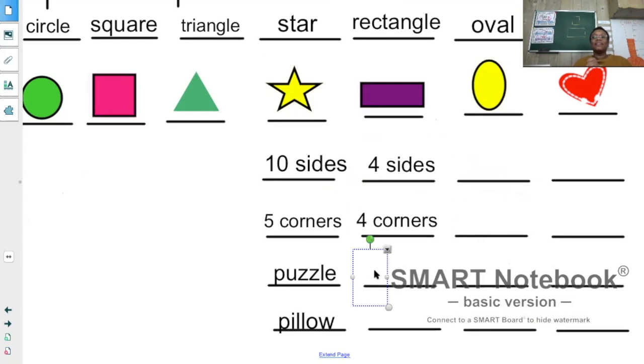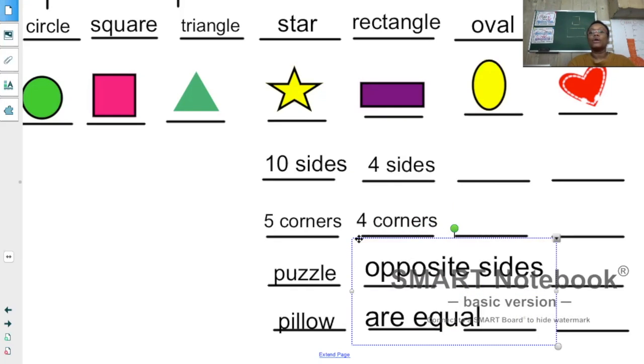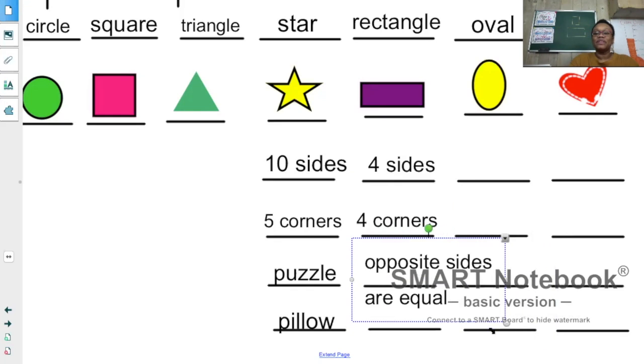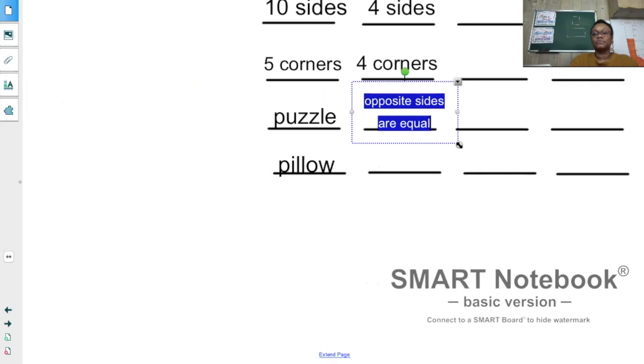And something that is important that I want you to add is that opposite sides are equal. And that's something that we did not see for the square. All sides were equal for our square. Here, it's only opposite sides are equal.